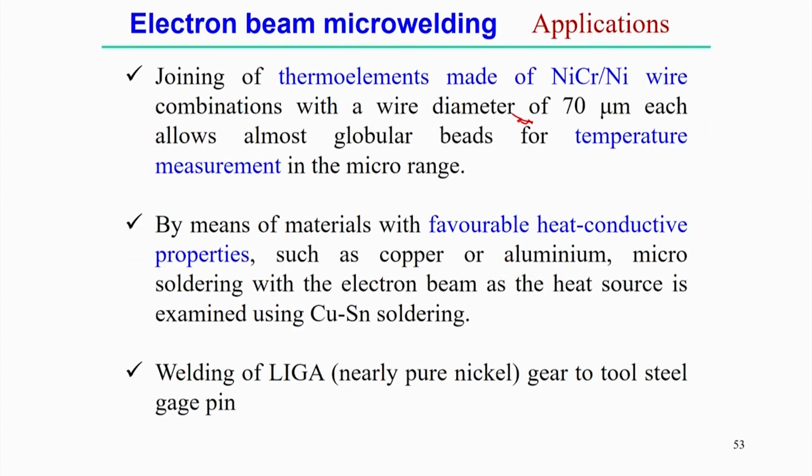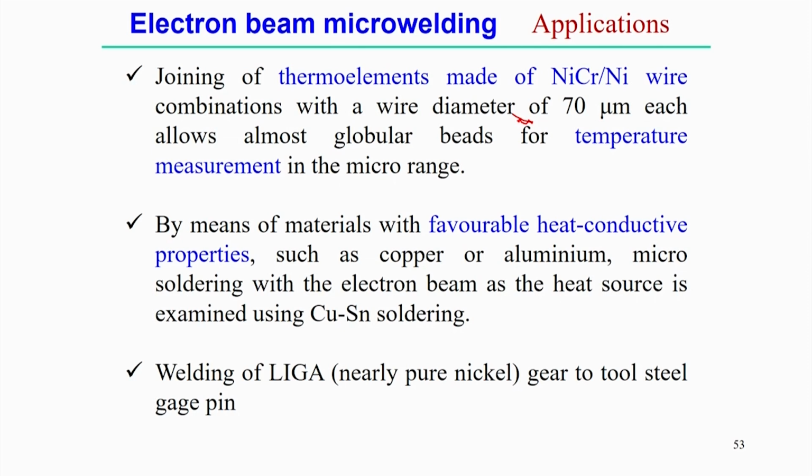So, what are the typical applications of electron beam welding? We found joining of thermo elements, basically made of nickel chromium or nickel wire of typical dimensions, which can be used for temperature measurement and other applications. Materials with favorable heat conductive properties, such as copper and aluminum, can be processed using the micro beam welding process.